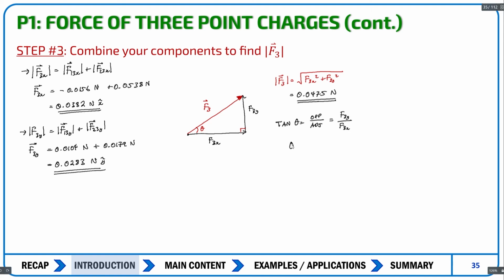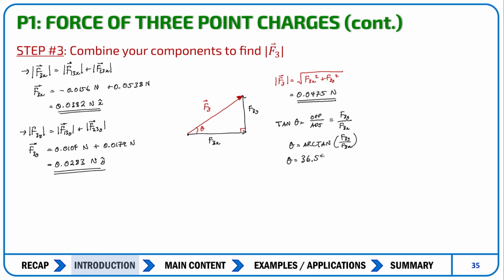So that means theta is going to be equal to the arctan of F3y over F3x. And theta is equal to 36.5 degrees.